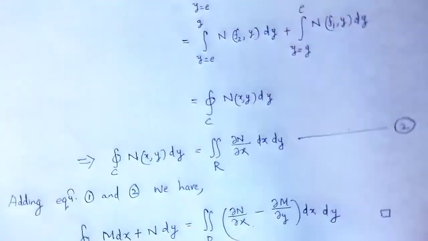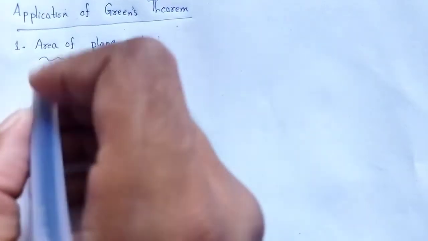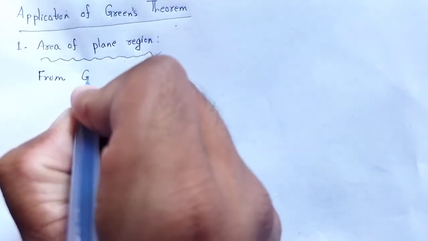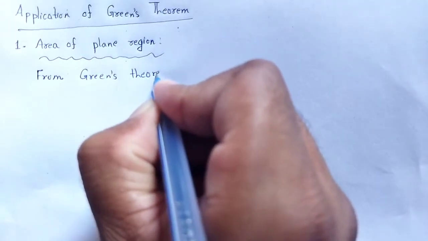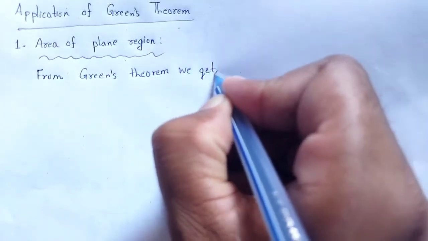Finally I proved this. Again, some applications related to Green's theorem. Now we write applications of Green's theorem. With the help of this Green's theorem, we find out the area of a plane region. How to find? From Green's theorem, we get, what is the theorem?